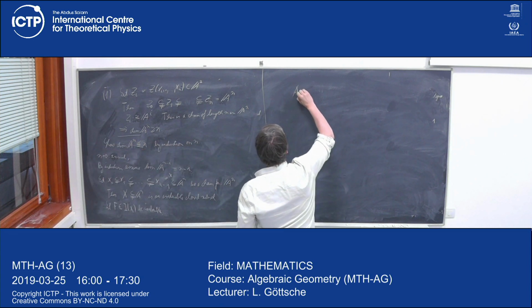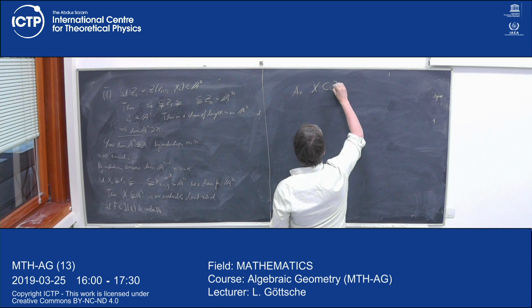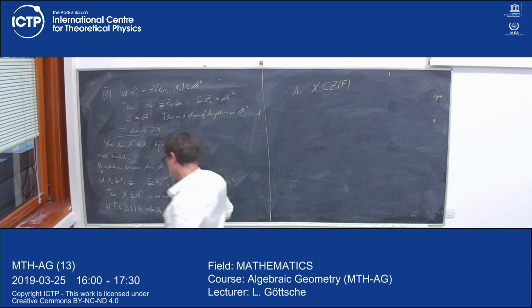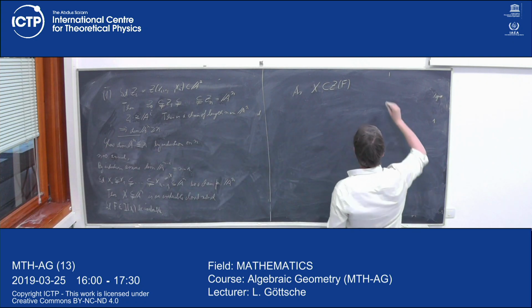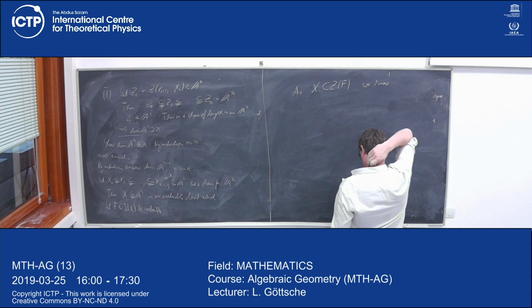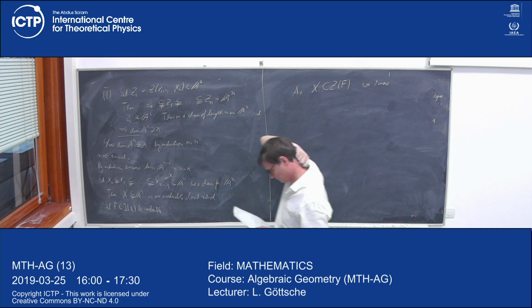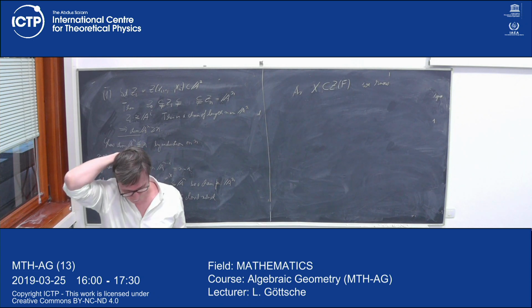So now we see X is contained in the zero set of f, because f lies in the ideal of X. Can't we say that because there is a surjective finite morphism from Z of f to some affine space, then the dimension of Z of f is the same as the dimension of some affine space A^m, but because of this we have that m must be less than n.